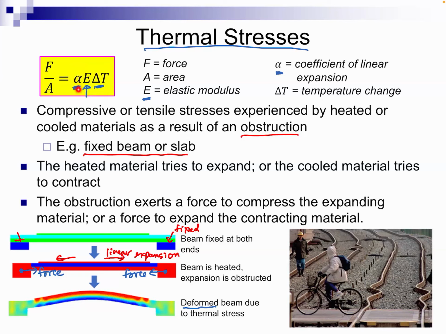The linear expansion, how much the object expands as a result of the change in temperature, and the deformation according to the elastic modulus of the material. So thermal stress is exactly what caused the railroad tracks in this picture here to deform and appear warped.